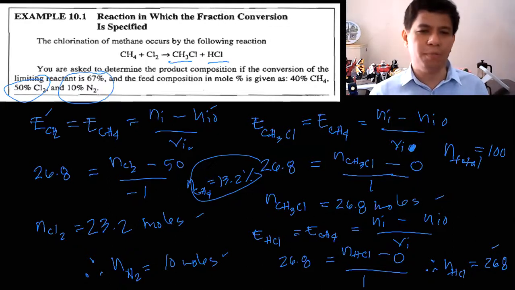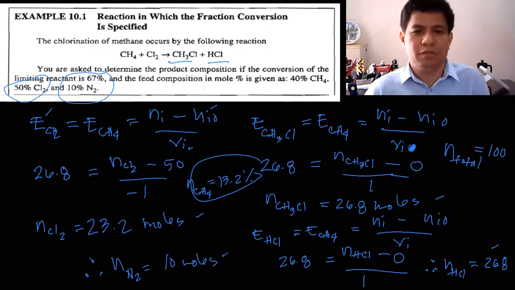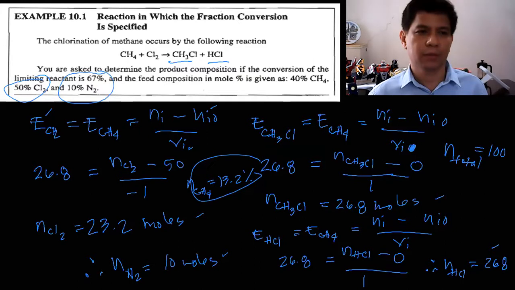Then use that value to calculate the number of moles of each species, and basically you're done. That's all. So I'm going to pose an exercise. I hope you try to solve that exercise so you can practice. Okay? So try to solve the exercise.